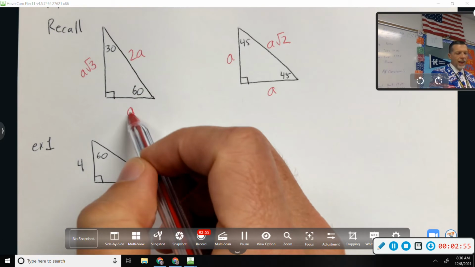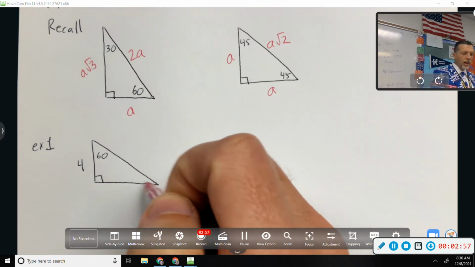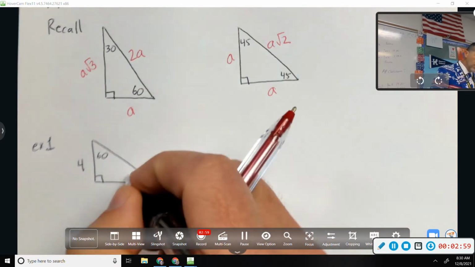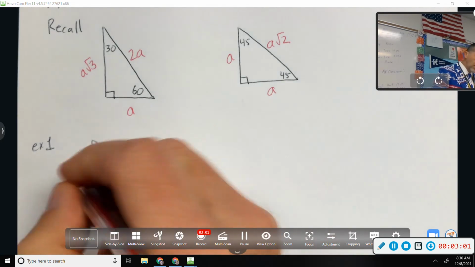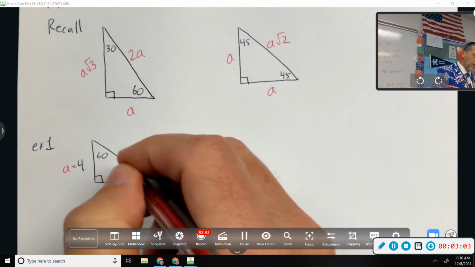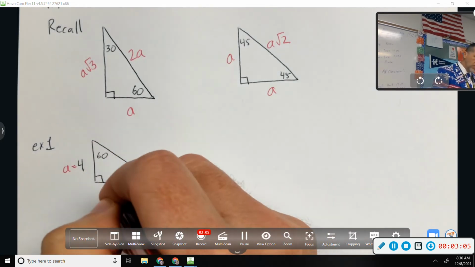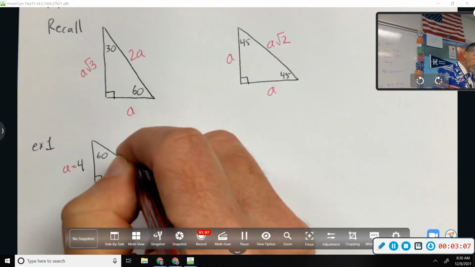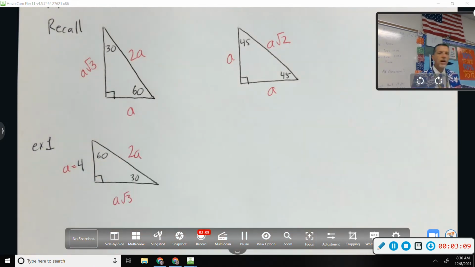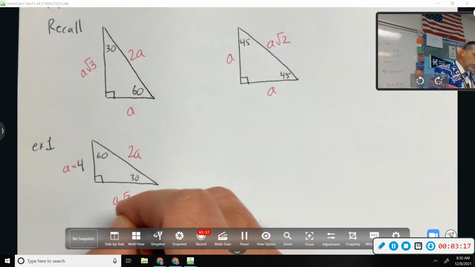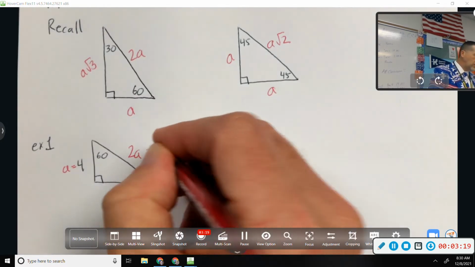It's not like A is on the bottom. That doesn't work. A is across from 30. Across from 60 is A square root of 3. And the hypotenuse is 2A. So A is 4, this side would be 4 square root of 3, and this side would be 8.